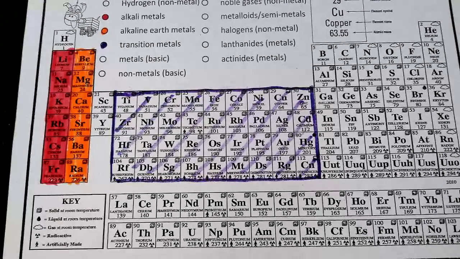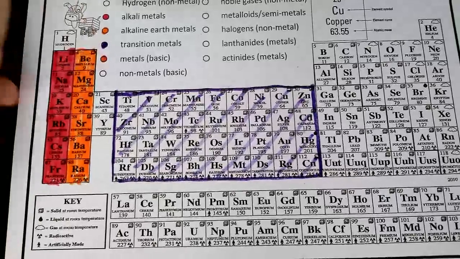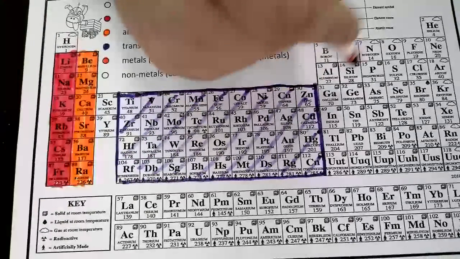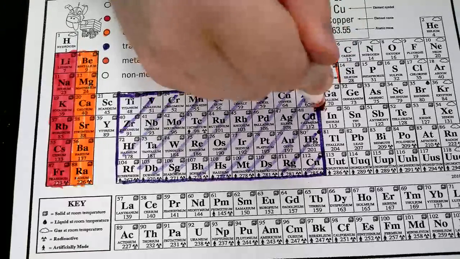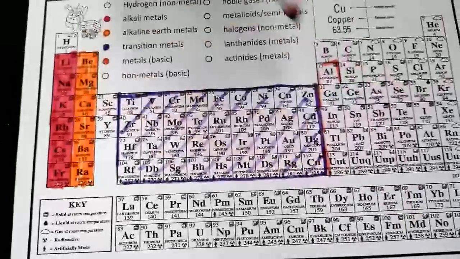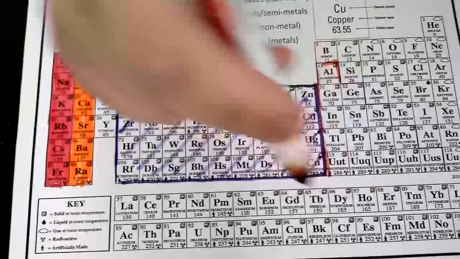All right. The next group of elements that we're going to be looking at are our basic metals. So, basic metals appear after the transition metals, and they're things like aluminum, gallium, indium, thallium, and all these newly discovered elements that have real names that just happen not to be on this periodic table.